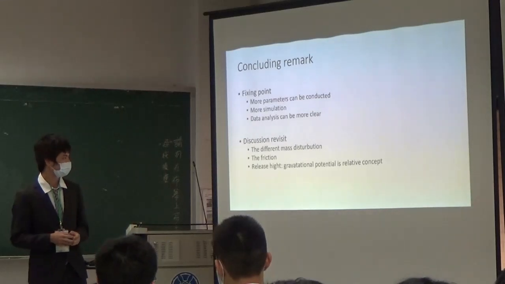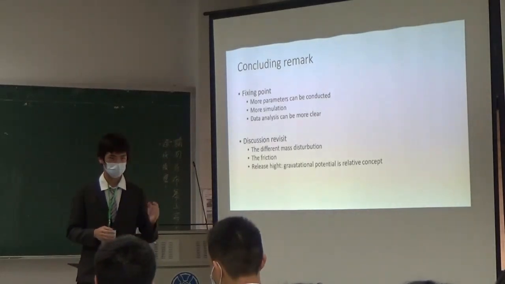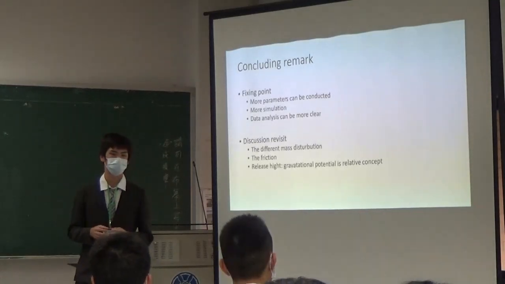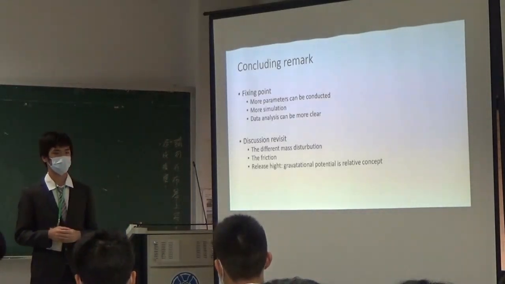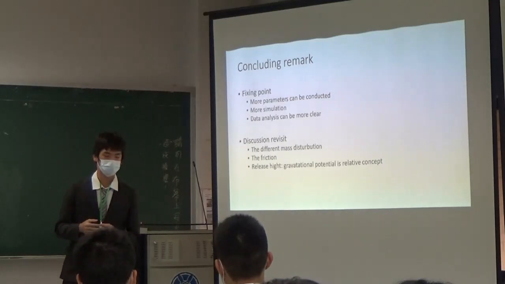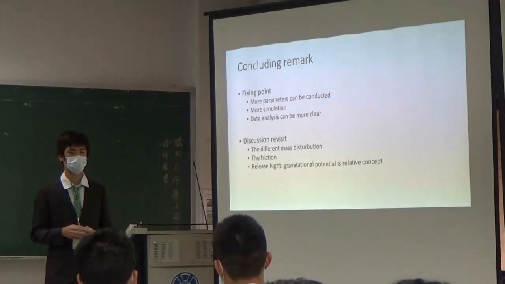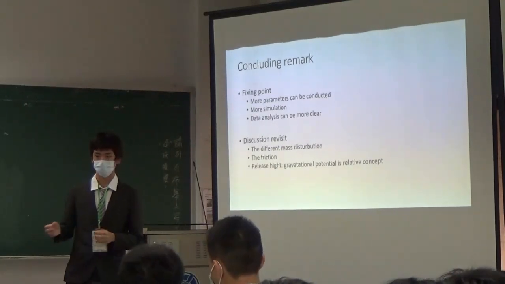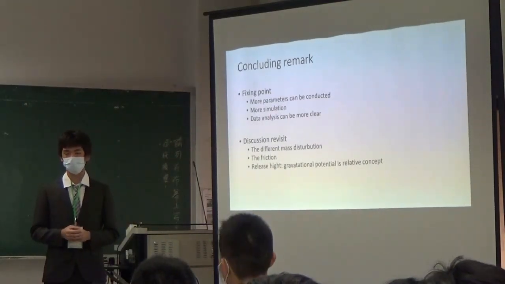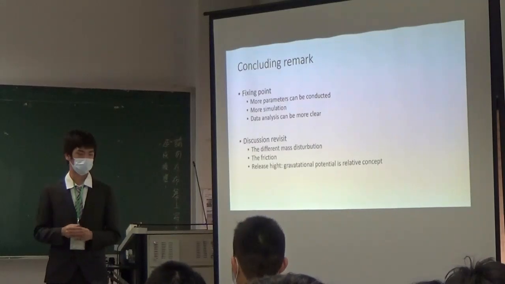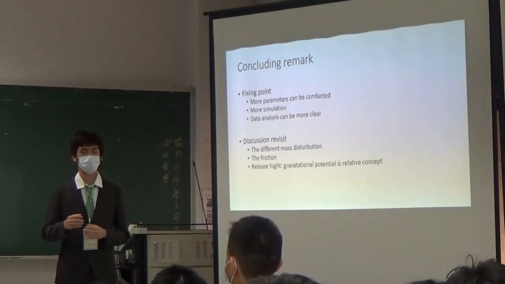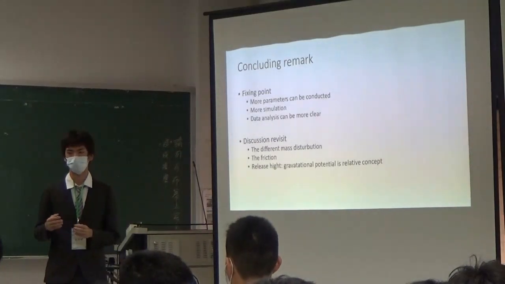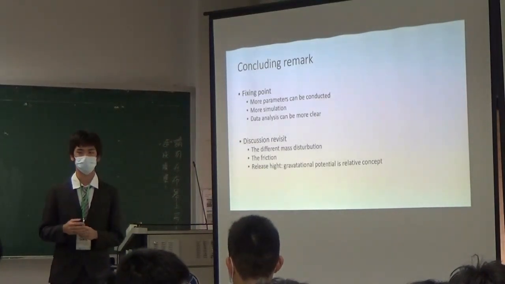And for the discussion revisits, first we talked about the different mass distributions, which I think will not affect the oscillations. And the reviewer asked, if we add to the length of the screw, the mass will also increase. I want to answer that the mass and the length will both affect the moment of inertia.